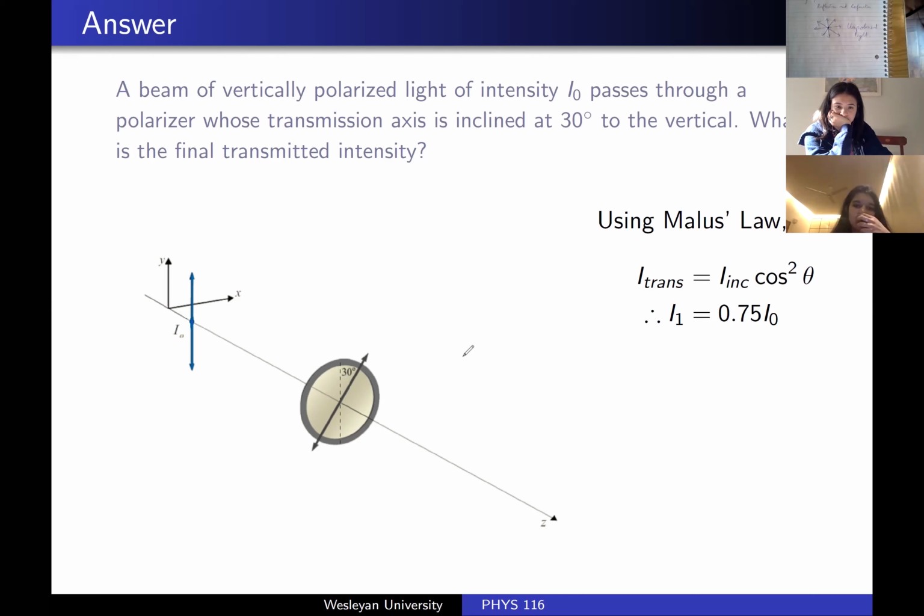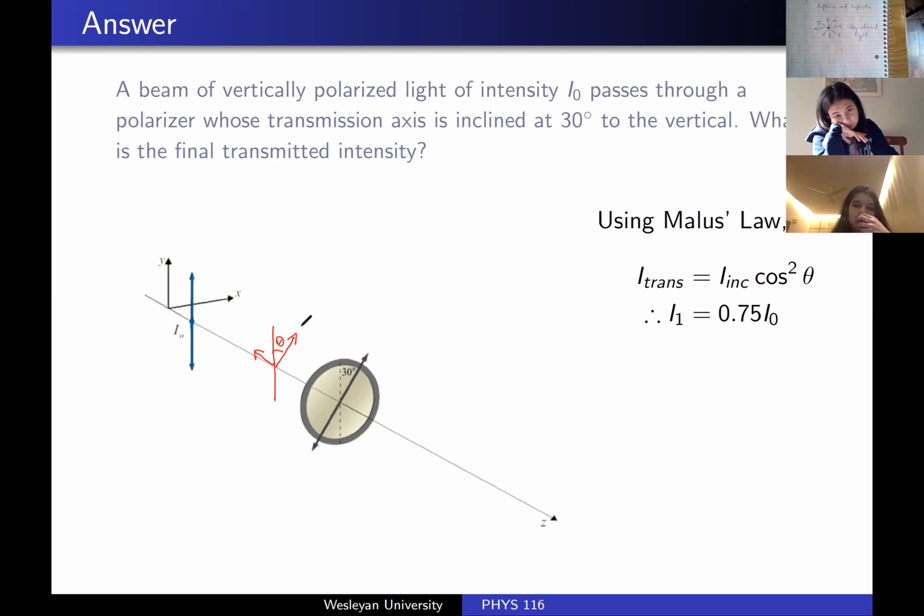So what happens is that in the original light, the electric field is oscillating in the y direction, right? And what we can do is split that up into a component which is along the transmission axis and a component which is perpendicular to the transmission axis. So how much is along the transmission axis?